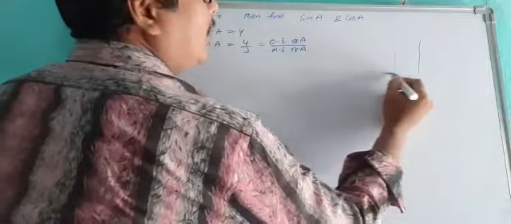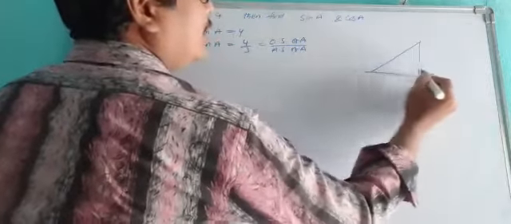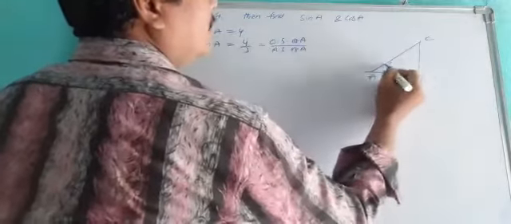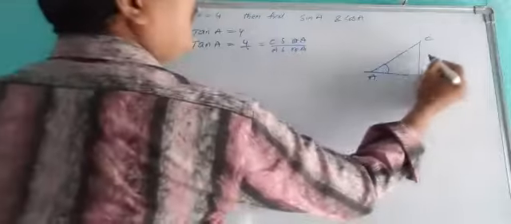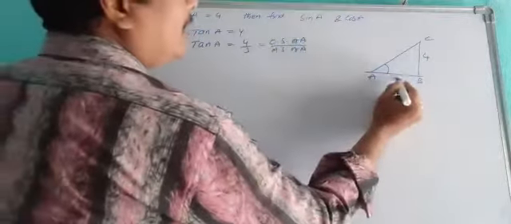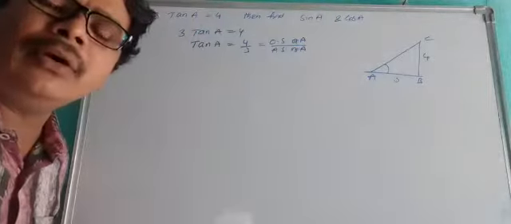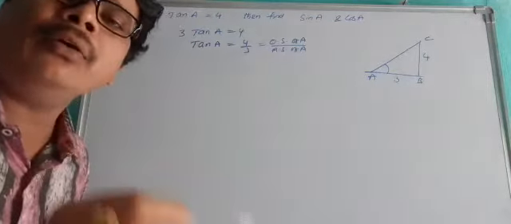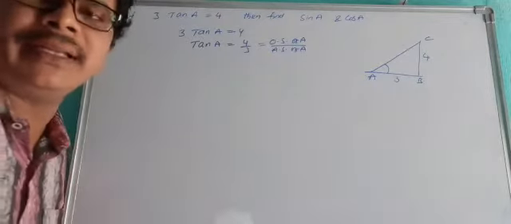We have to make one right angle triangle, right angle at B. So the opposite side of angle A is 4, and the adjacent side of angle A is 3. You know two sides, one is 4 and one is 3. Now we have to find out its hypotenuse.